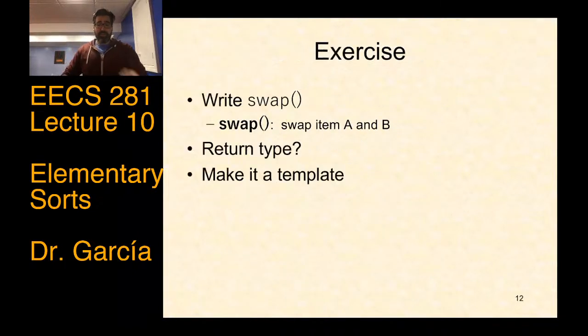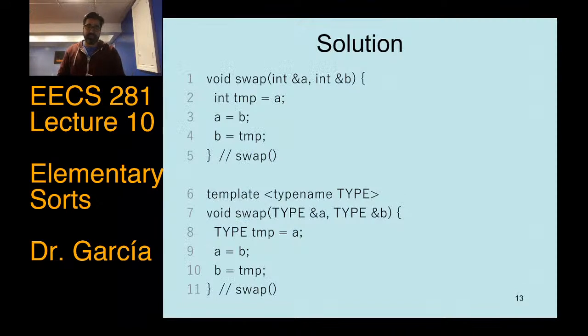All right, so a quick exercise that we usually do in lecture is that you write your own swap function. I mean, it's pretty simple, and in the interest of time, we'll skip it and straight up give you a solution, which I'll also let you browse at your own time because it's not terribly complicated.